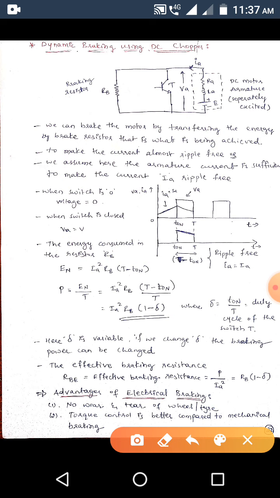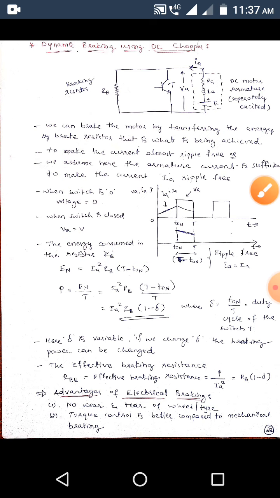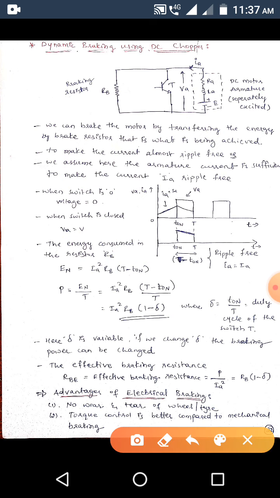Now, what are the advantages of electrical braking? If you use dynamic braking in a chopper, what are the main advantages of this electrical braking? First, there will be no wear and tear of the wheel or the tire.